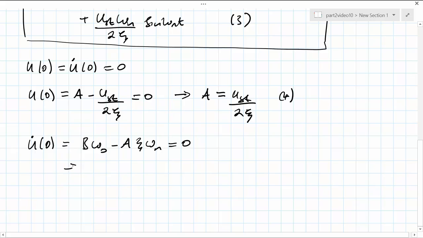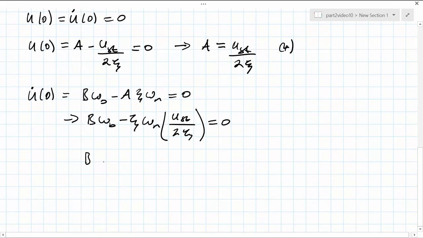That then implies that b omega d minus zeta omega n times u static over 2 zeta, just by substituting in a, is also equal to 0.